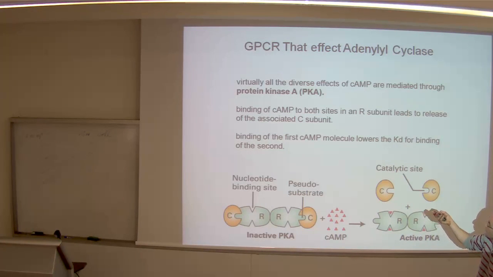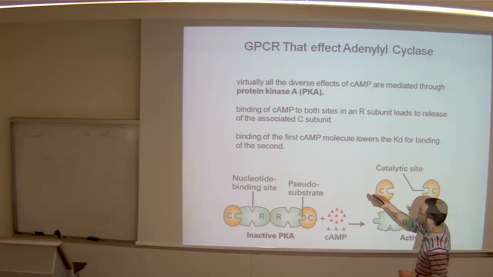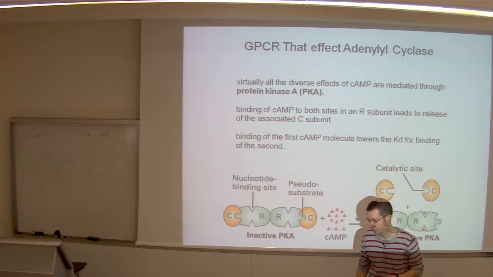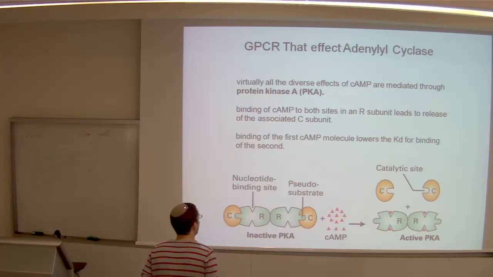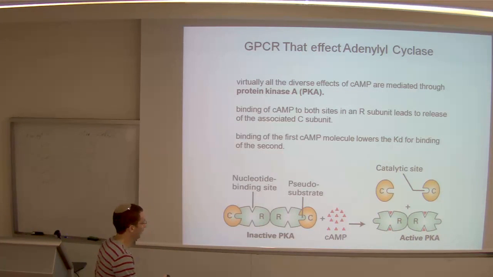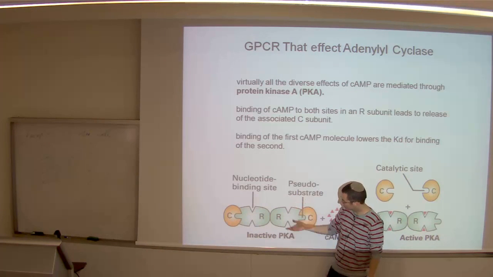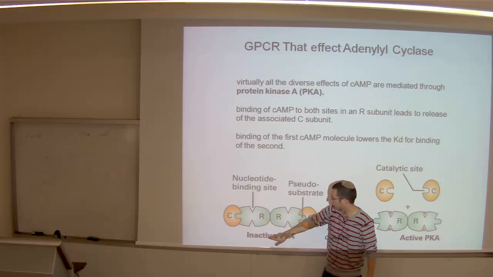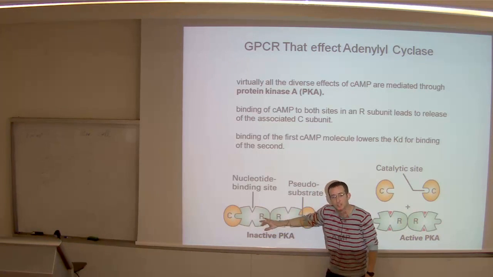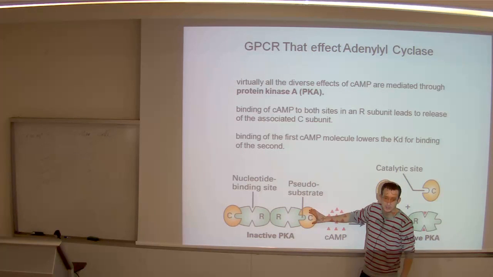Now, virtually all the diverse effects of cyclic AMP, highering of its levels or lowering of its levels, go through the function of a protein called protein kinase A. And it happens with the following mechanism. So the cyclic AMP binds to two sites on each regulatory unit of the PKA. So the basic structure of the PKA is that it's built out of two regulatory subunits that hold two catalytic subunits.